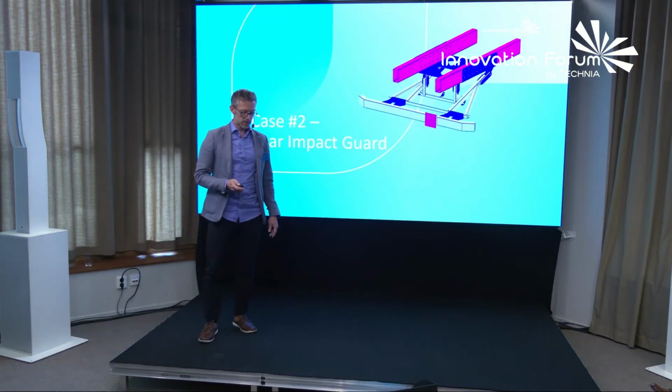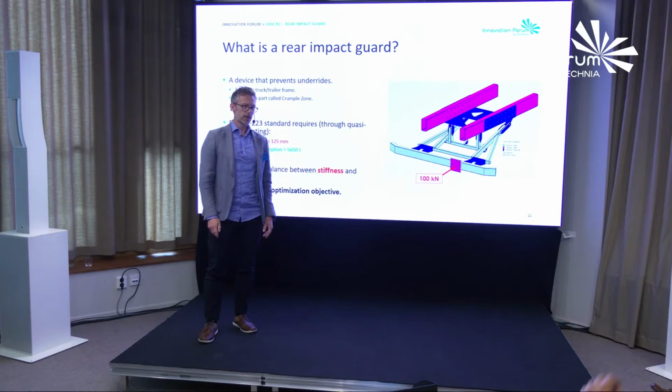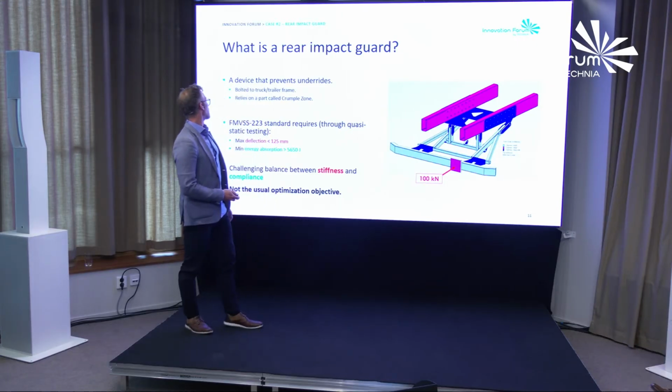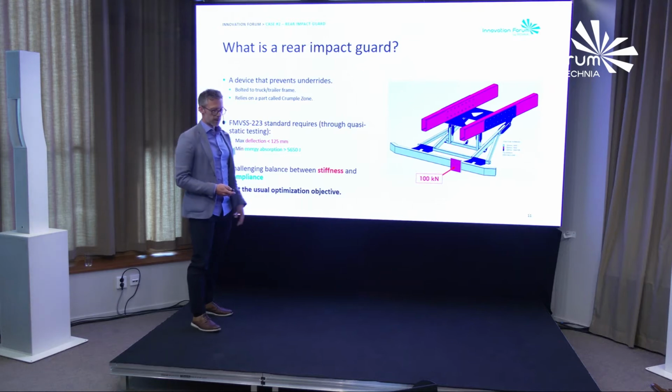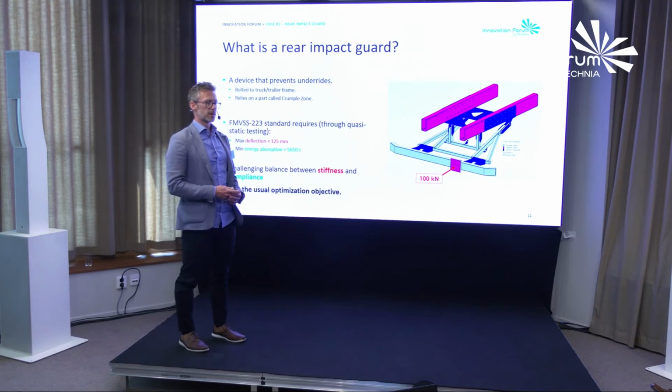The second design alternative is the rear impact guard. As I said, it's mounted under trucks and trailers to prevent underrides. It must fulfill some special standards. So we have a standard from North America that must be fulfilled if you want to sell or use this.